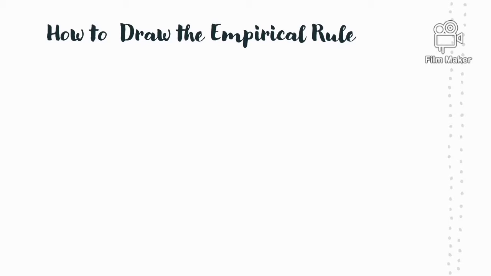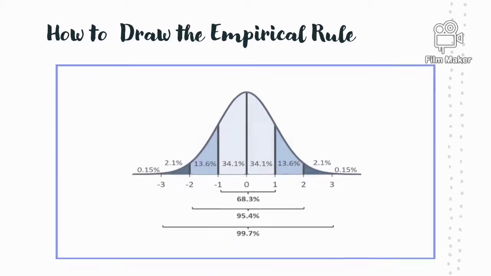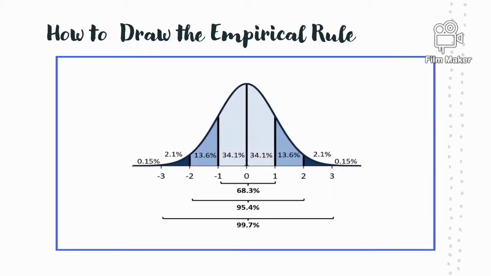How to draw the empirical rule. So first, draw the x and y axis. You have 0, positive 1, positive 2, positive 3, negative 1, negative 2, negative 3. In 68.3%, we have 34.1 and 34.1.